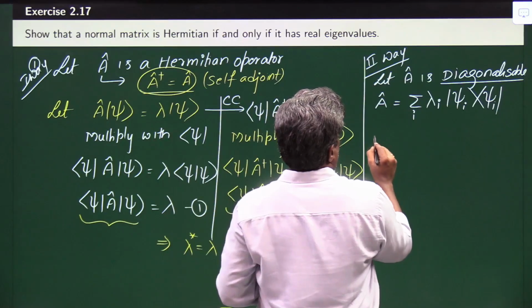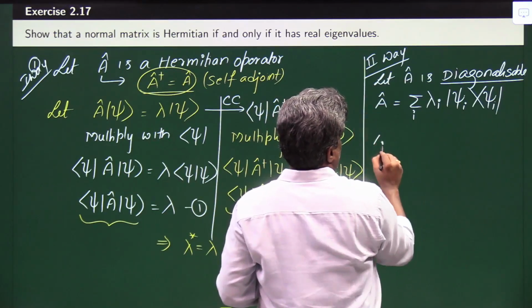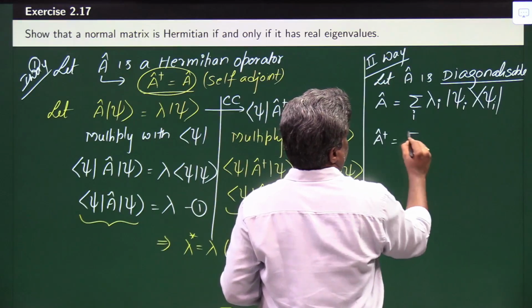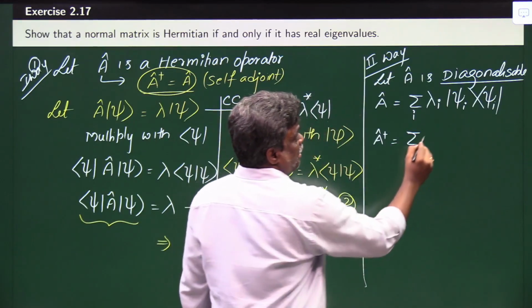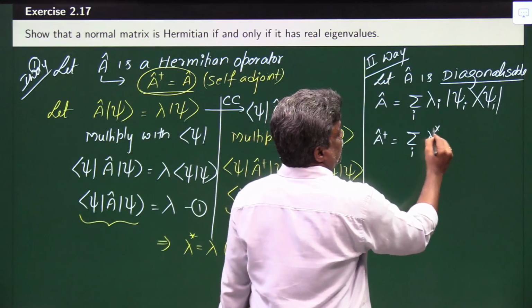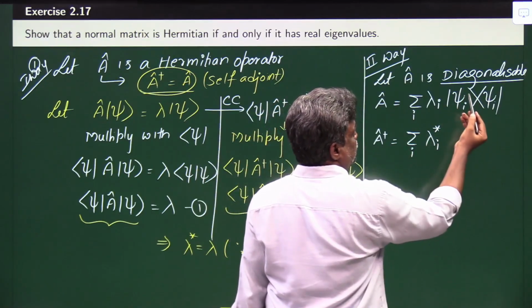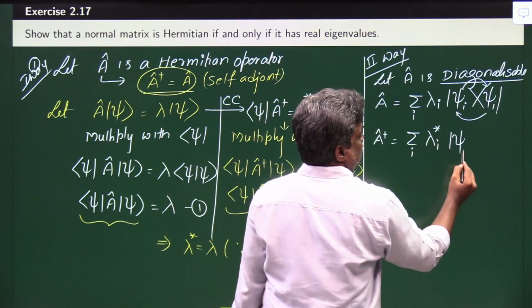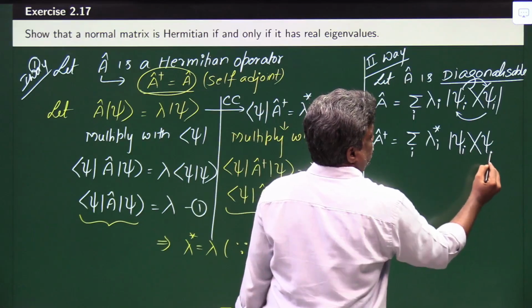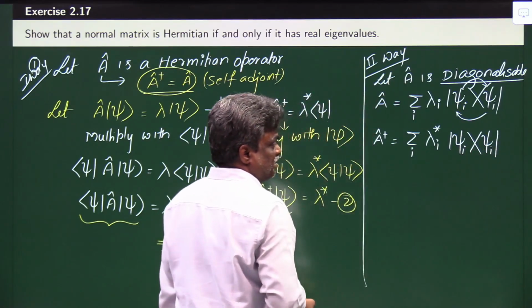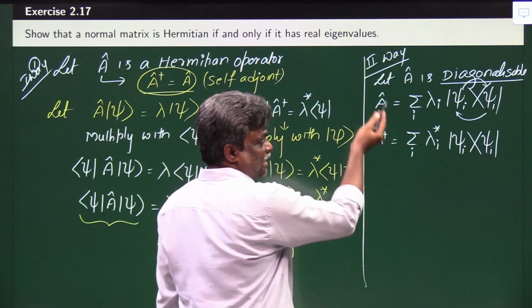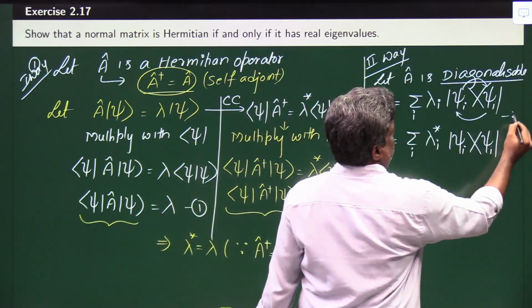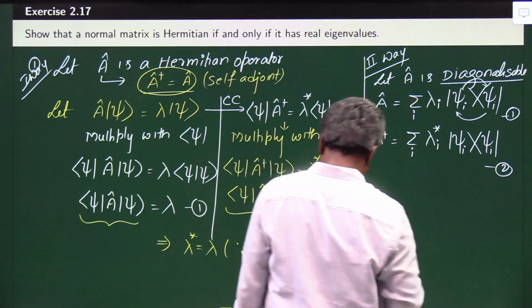Okay, so now what I'm doing is applying dagger to this. This is a summation over i, and here we have lambda i star, and again the same technique: the ket becomes bra and bra becomes ket, and fortunately both are the same, no change. That's it. Now if you just compare, this is equation 1 and this is equation 2.